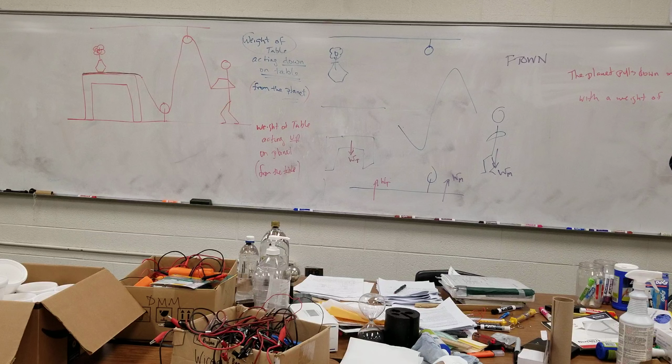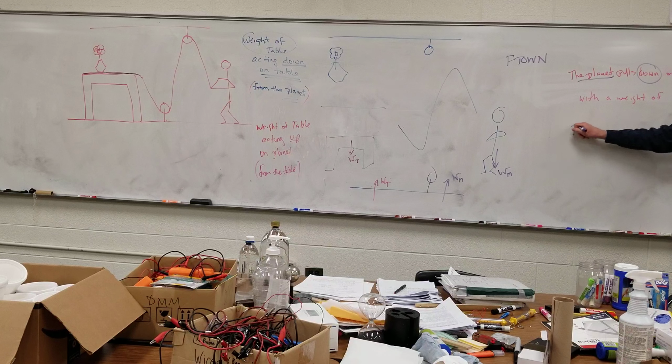I was just wondering if that makes sense. So when I have it set up like this, and I say, hey, what's the reaction force to it, using Newton's third law? Again, similar to what I was saying over there, think, what are the two objects? Planet and table. What's the direction? And so the other force is you change the objects and switch the direction. Everything else stays the same.